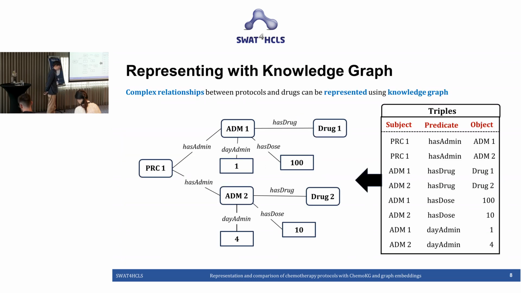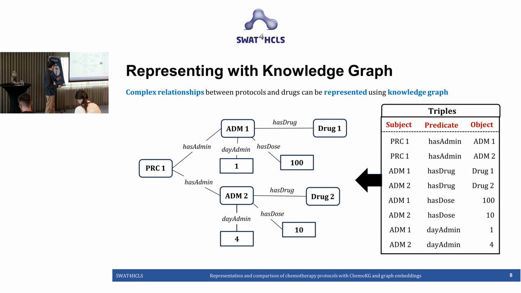First is knowledge graph generation. This is an example of representing the protocol and its drug properties in a knowledge graph. Here we have PRC1 as a protocol, and it has administrations, admin 1 or admin 2. The administrations have drugs, like drug 1 for administration 1 and drug 2 for administration 2.